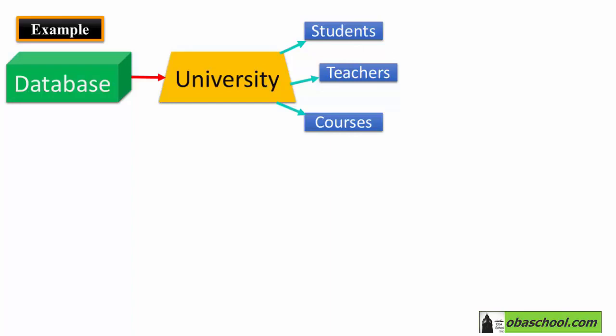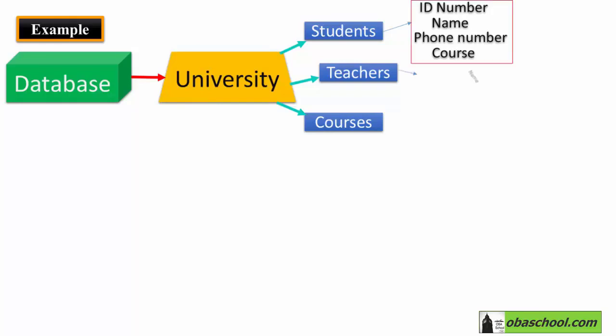Let's talk about the students in the university. The information to be stored about the students could be the ID number. An ID number is a unique number given to each student. No two students could have the same number. The name, the phone number, his or her course, and the major he or she is in.